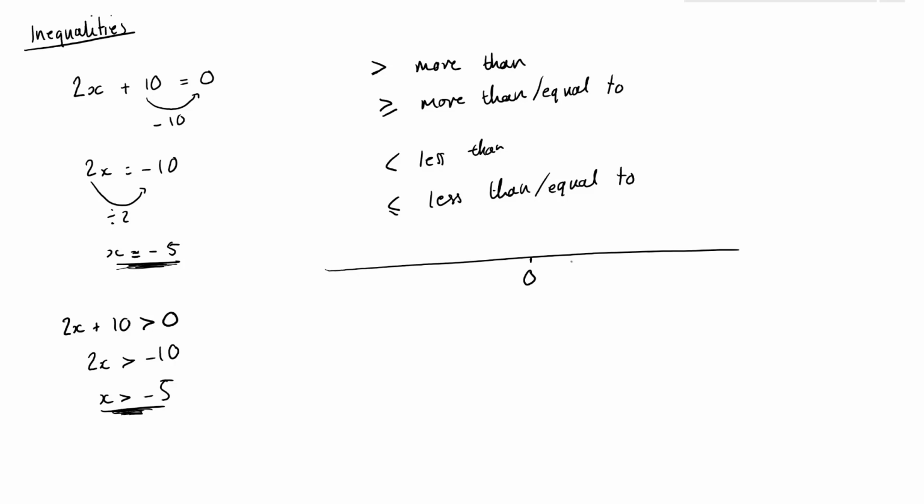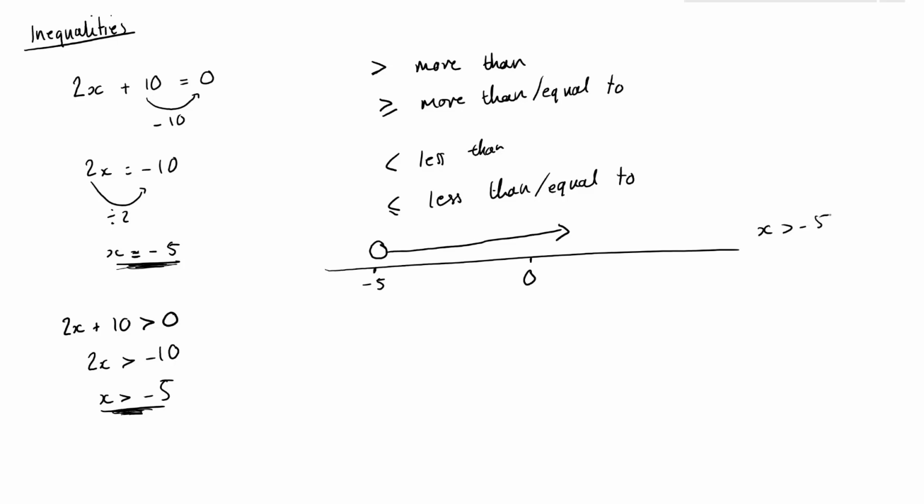What you would do is locate where minus 5 is, because this is your limit on the inequality. We put a circle above that to show that that's our limit. Open circle, we'll see what a closed circle means in a second as well. And it's everything that's greater than minus 5. So it's everything off in this direction, and that's your inequality. This whole thing just means x is greater than minus 5.